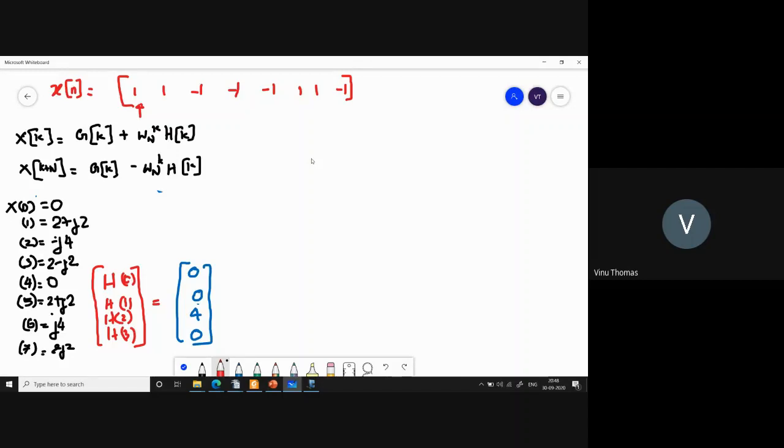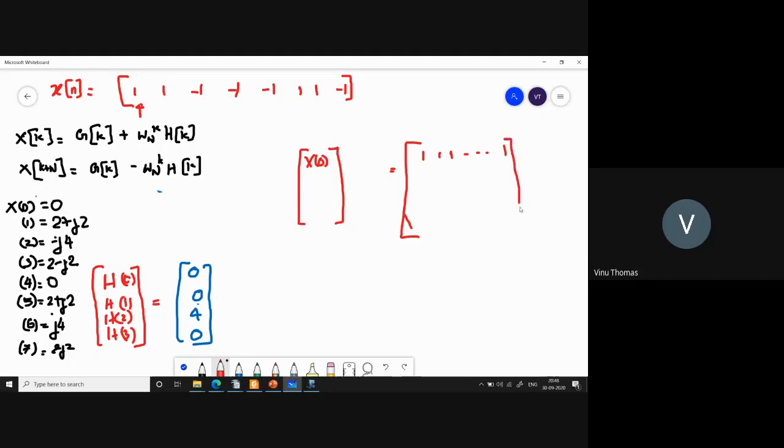So you have seen the DFT matrix for representation of signals. The first sample, x of 0, is computed as the multiplication of the first row. The first row is definitely all ones. So 1, 1, 1, etc. to 1.